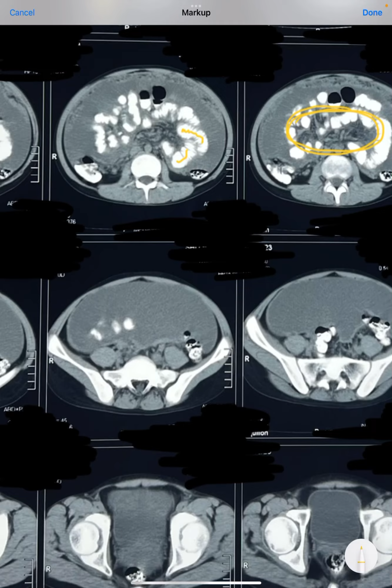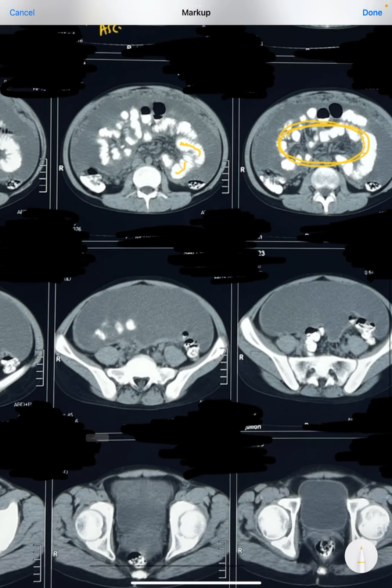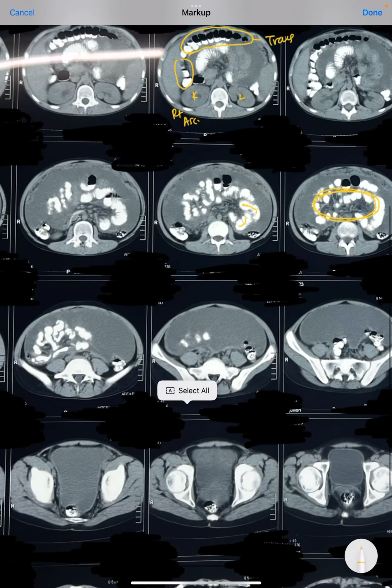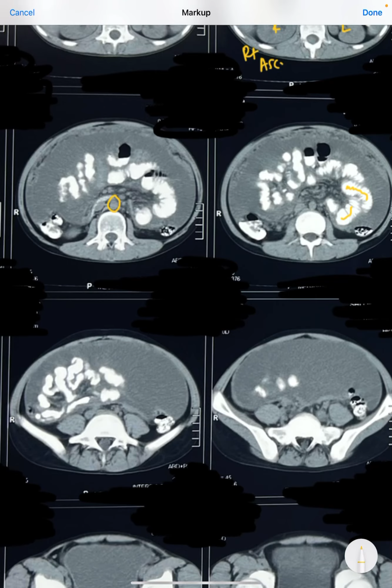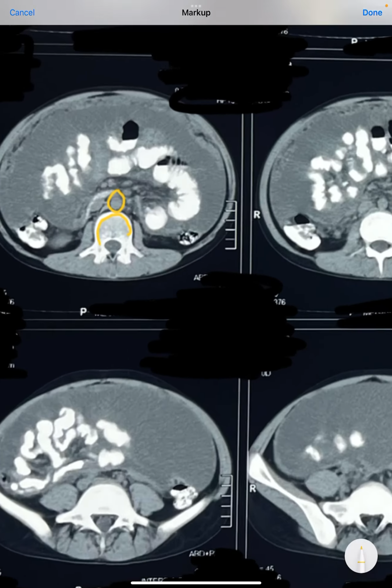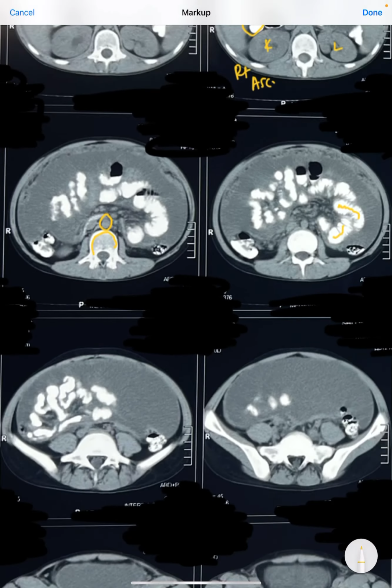The IV contrast is not used in this particular image because we can see the aorta. This is the aorta, this is the vertebral body, and just in front of the vertebral body towards the left side we can see the aorta.